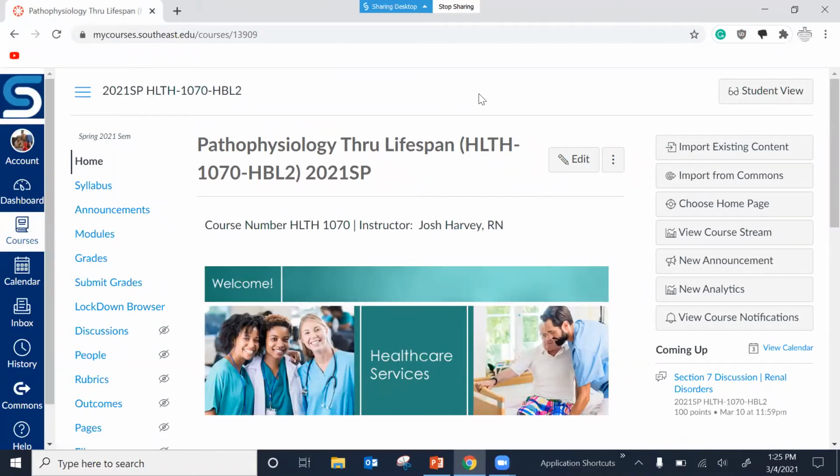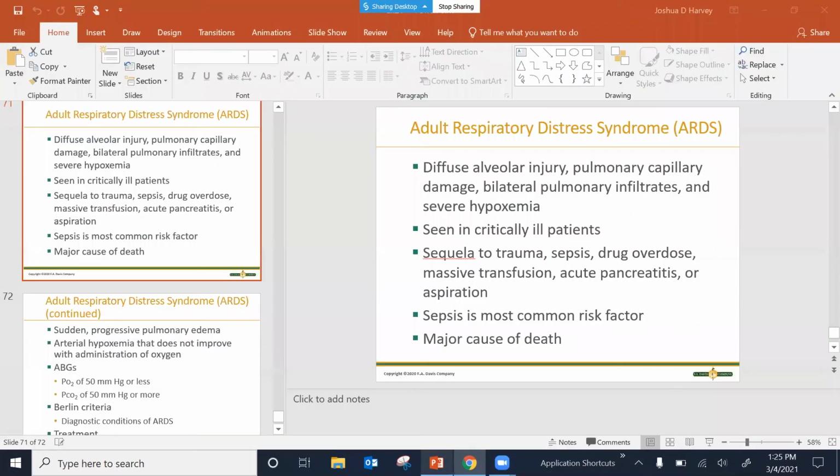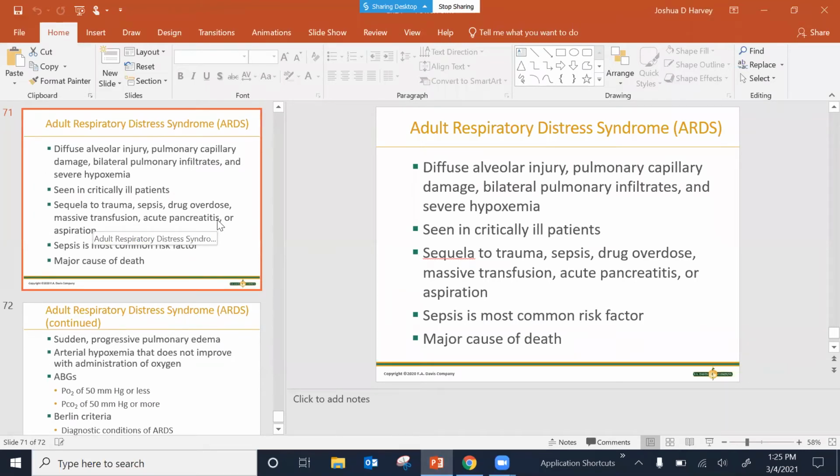When we talk about acute respiratory distress syndrome, it is part of the dying process. And what I mean by that is, usually sepsis is the big problem. Somebody gets septic, which technically means they have bacteria floating in their bloodstream.